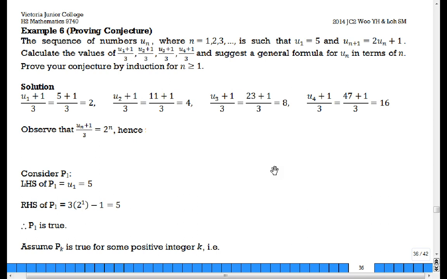Example 5, example 4, before all those examples, the question explicitly tells you what to prove. But if you notice the question, example 6, they ask you to suggest a general formula and then prove your conjecture by induction. That means if you cannot suggest, there's nothing to show.